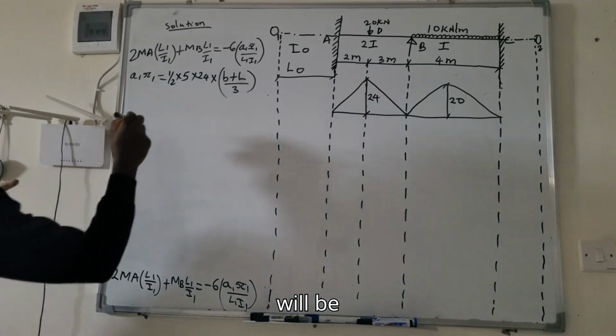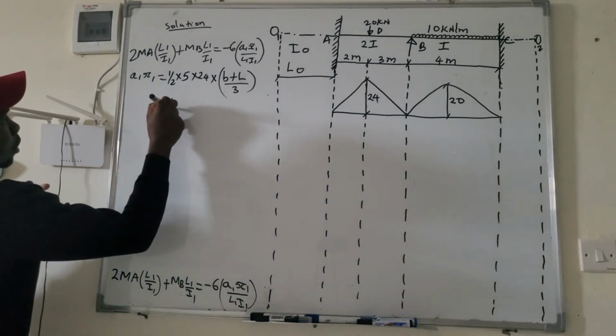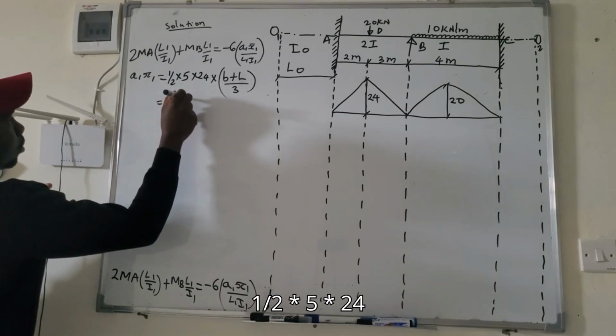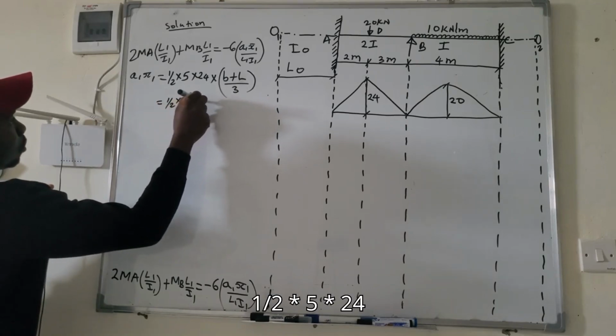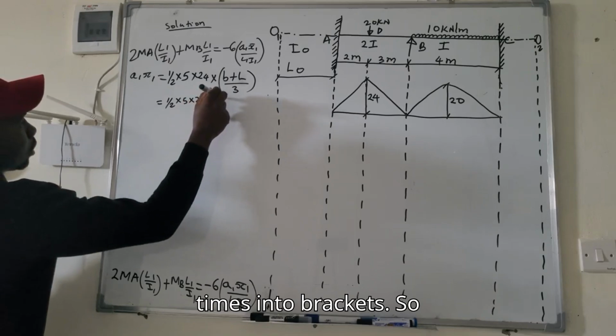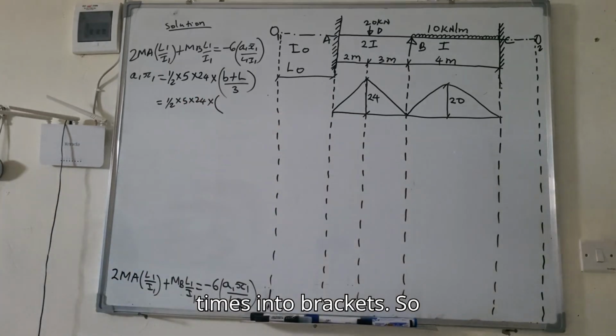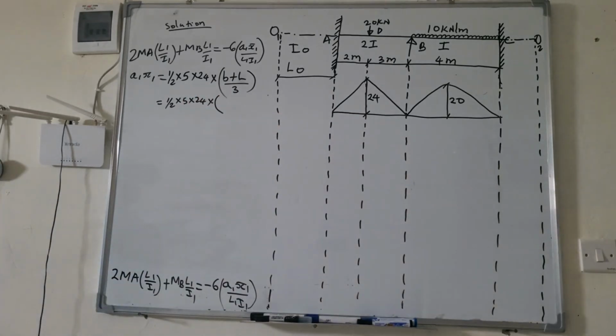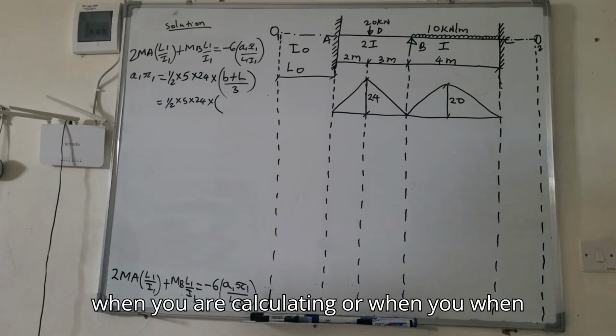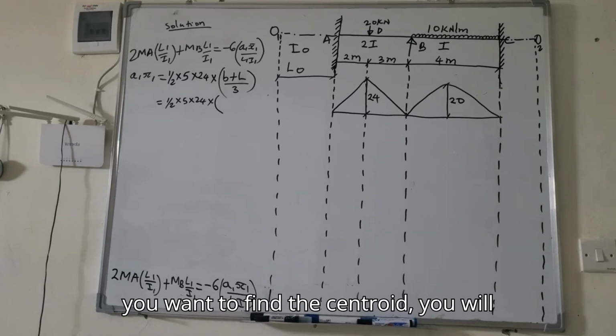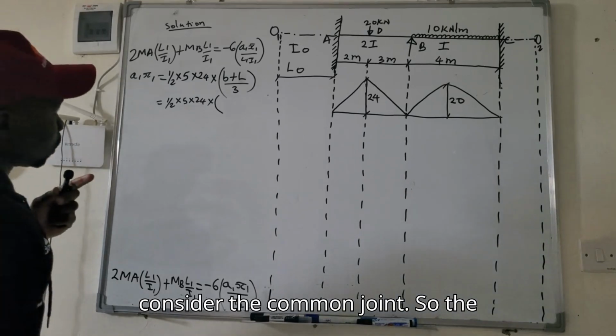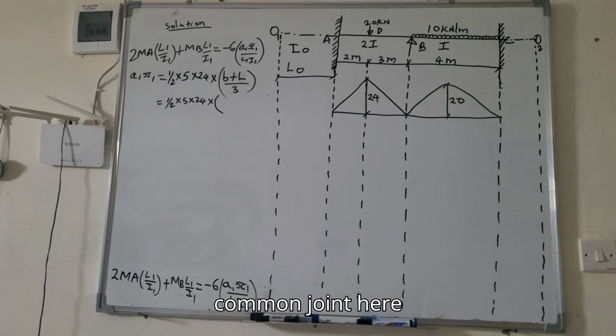So this one will be a half times 5 times 24 times into bracket. So something to note: when you want to find the centroid, you will consider the common joint. So the common joint here is A.